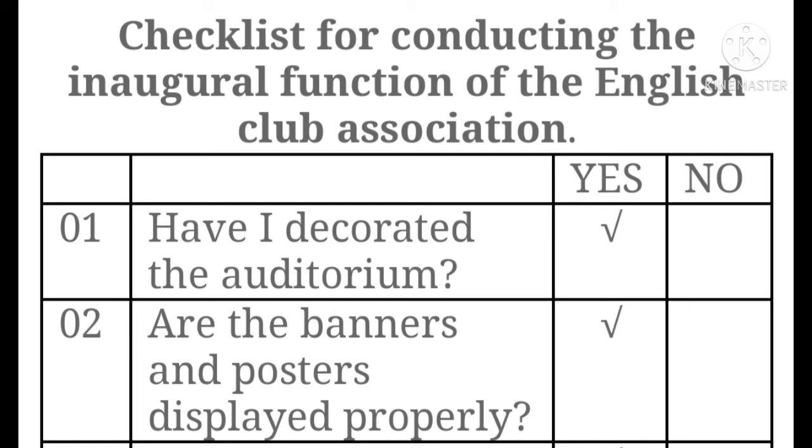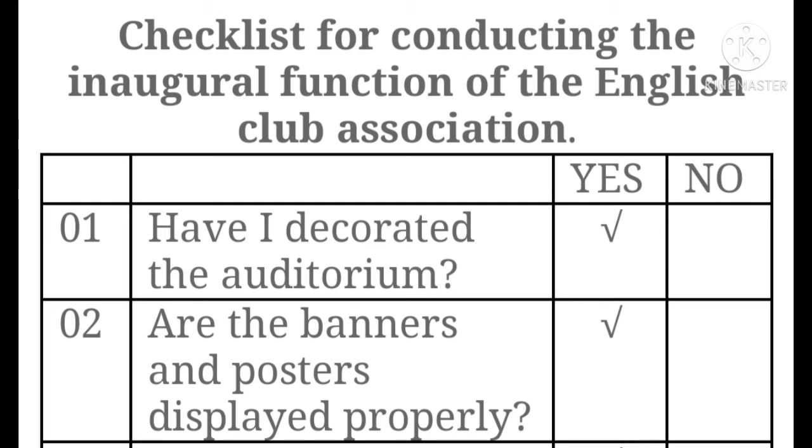After each checklist item, make sure that you end with a question mark. The next one is, don't forget to put yes or no boxes and a tick in the column marked yes. Now for this question, to conduct an inaugural function in your English club.